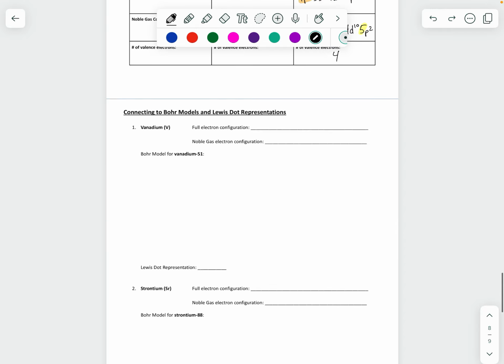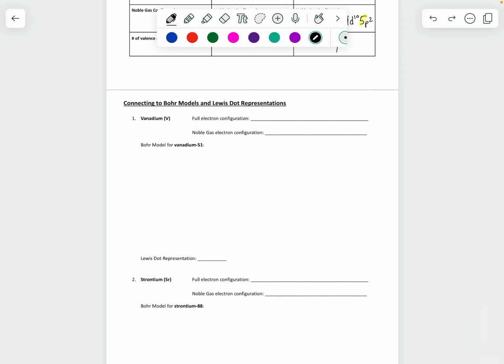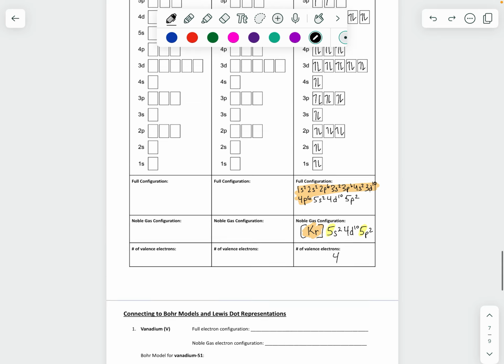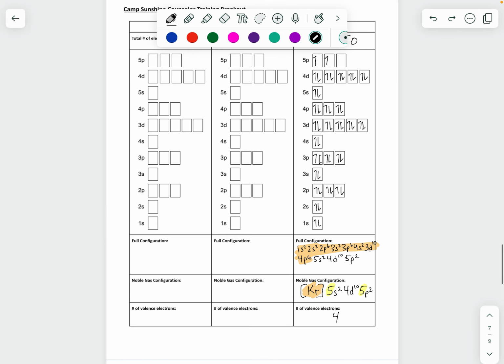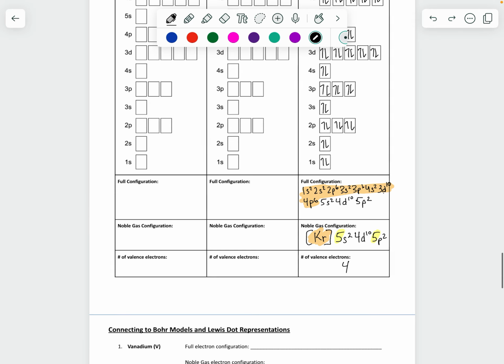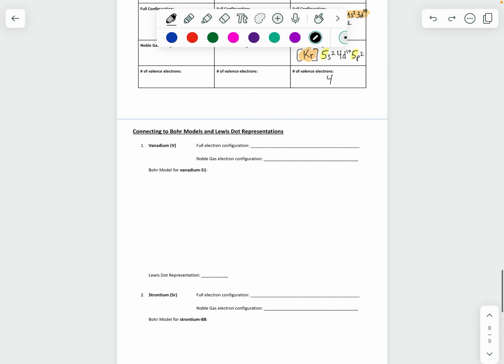And I want to do one more example with you. In terms of connecting these, I said that we have these diagrams here that help see where these electrons are. But we can also use our Bohr models that we were familiar with to also represent it. It helps with the electron configuration, seeing what we would need to put back into that third or fourth or whatever energy level when we get to that D subshell.